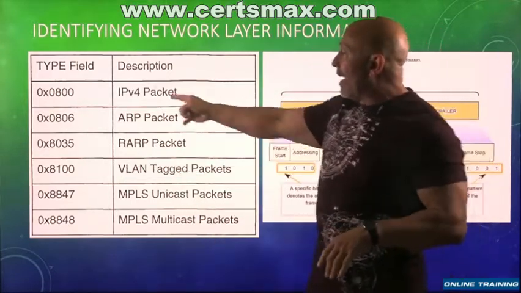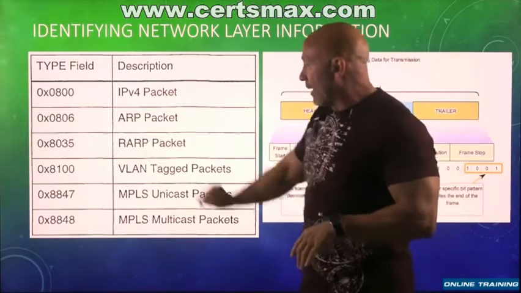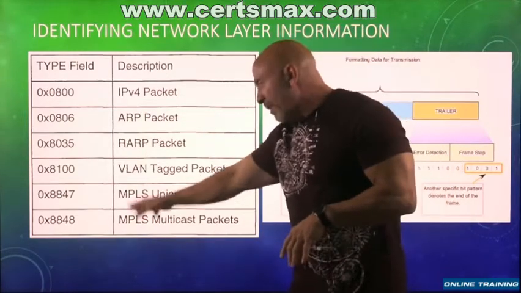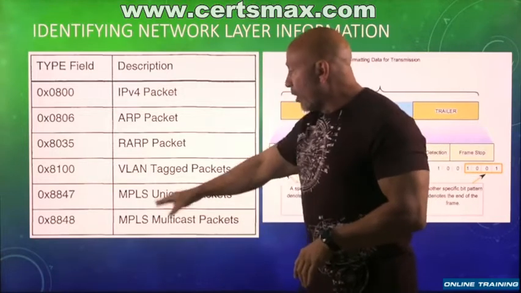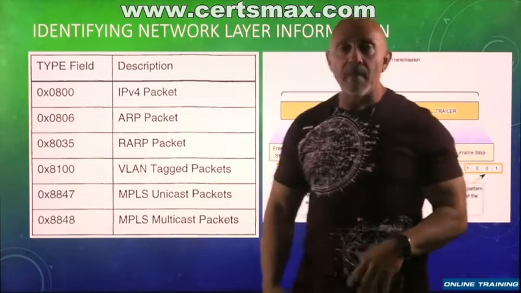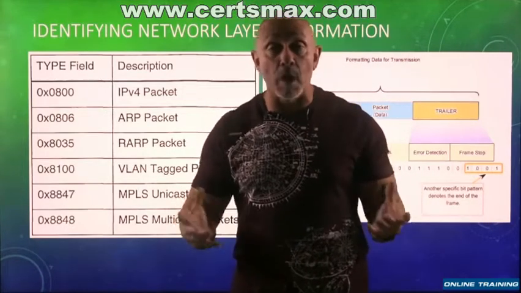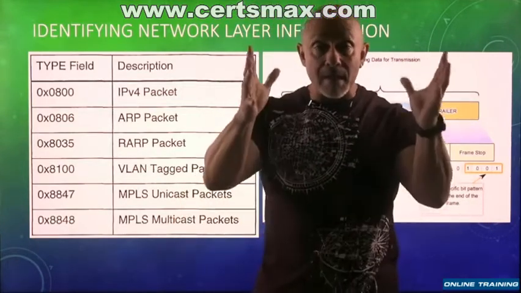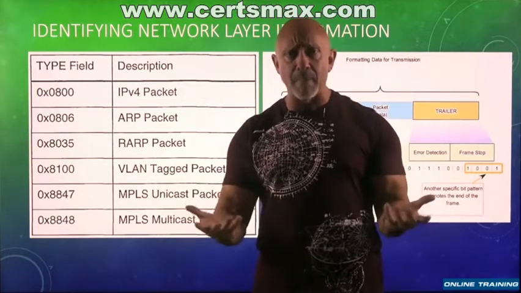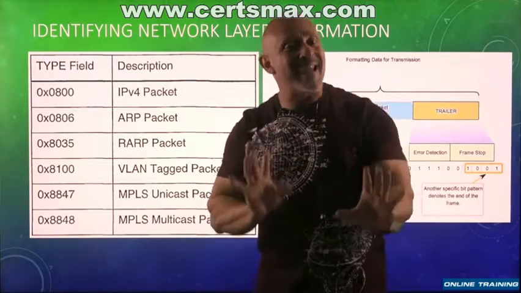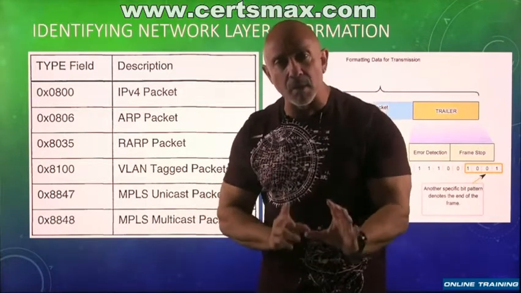Normal things like IPv4 packets, ARP packets, and let's say MPLS, as MPLS is included in ICND2. Those may be in there as well. They may show you a Wireshark capture, and then based on the output, you may have to choose, okay, what type of packet are we dealing with? That's it. I think that's as far as it's going to go.